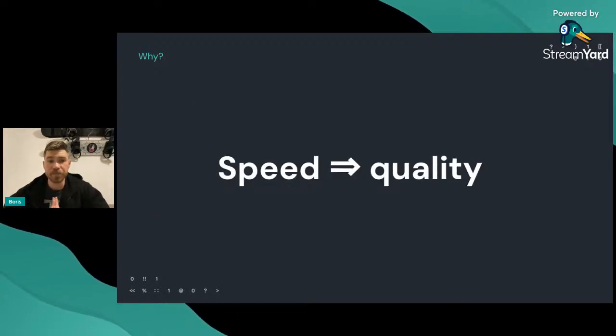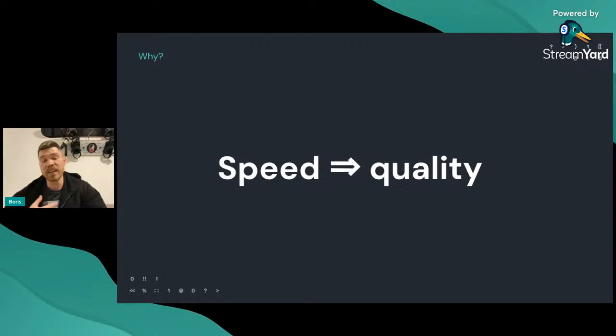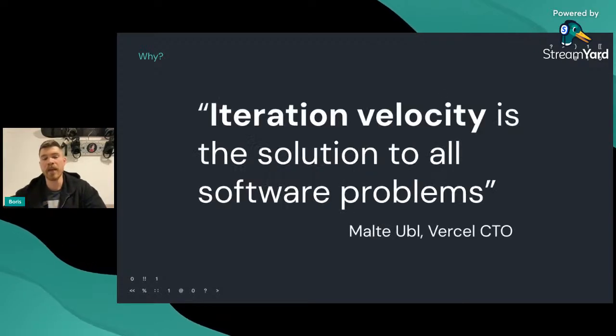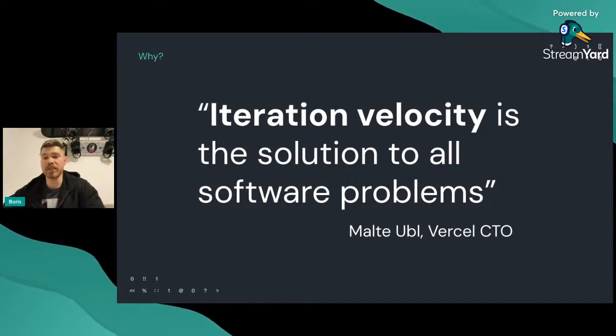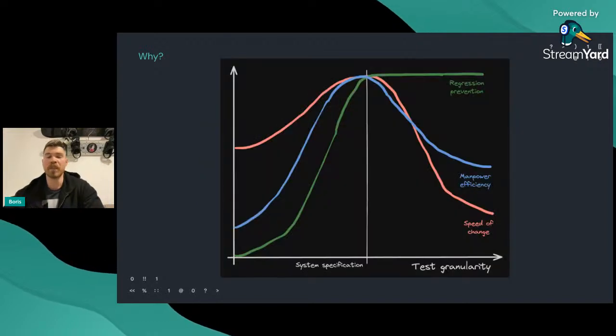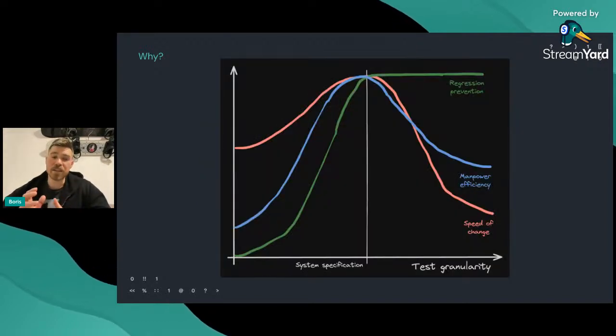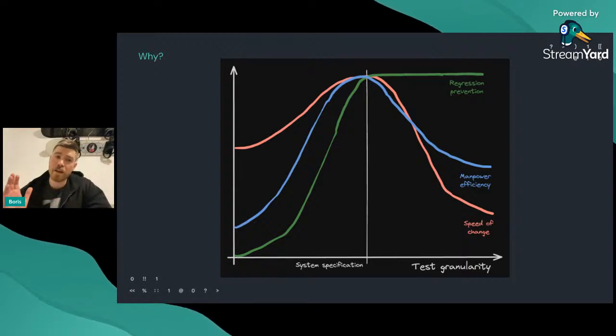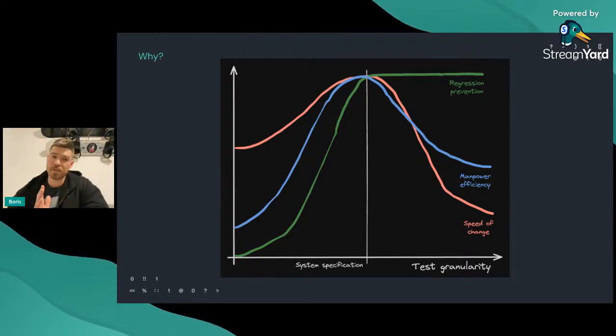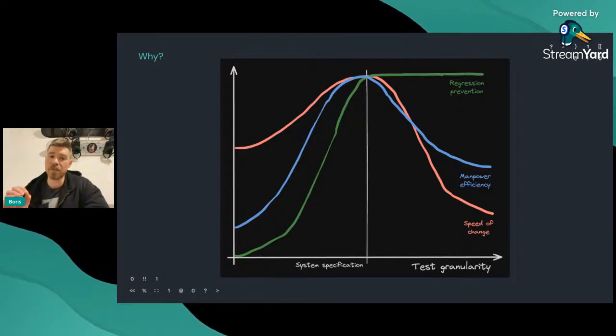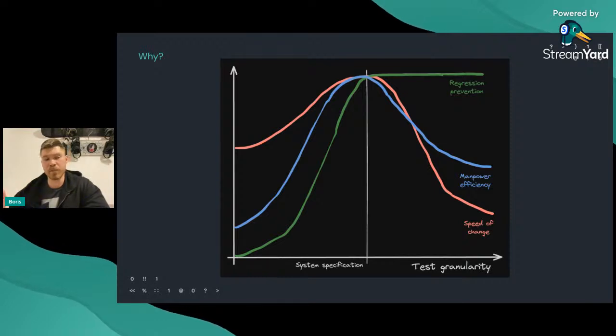Now, to get quality software, we need to be able to iterate on it quickly. As Malte Ubel, the CTO of Vercel, said, iteration velocity is the solution to all software problems. The thing is that with our tests, there's a point where if we test beyond our system specification, the regression prevention doesn't go up anymore.